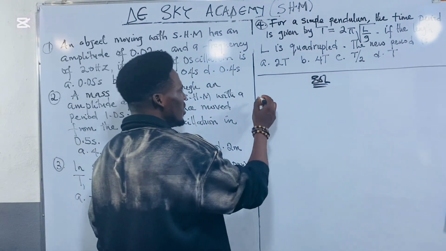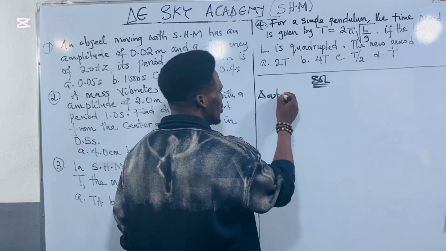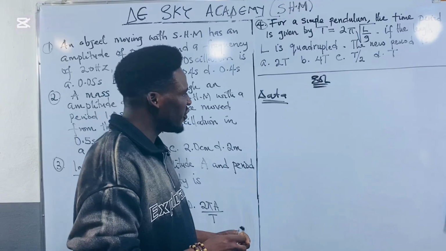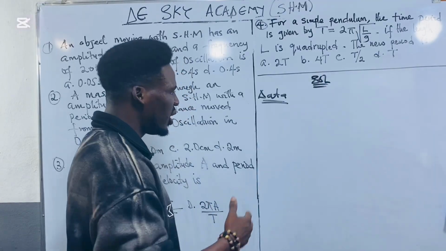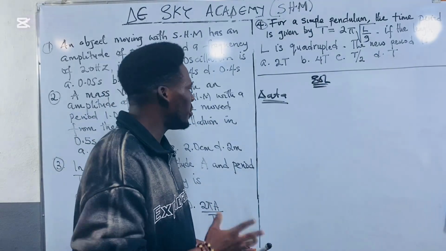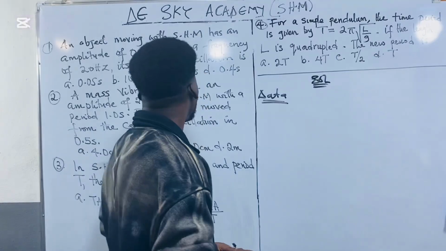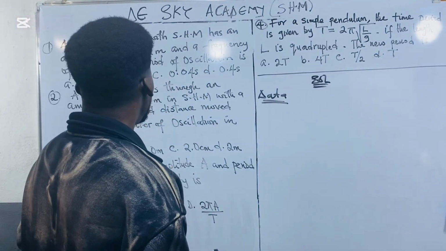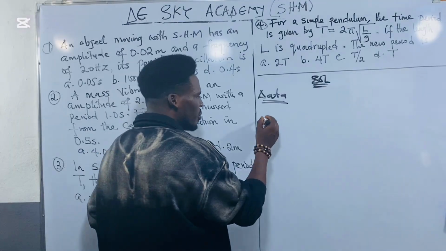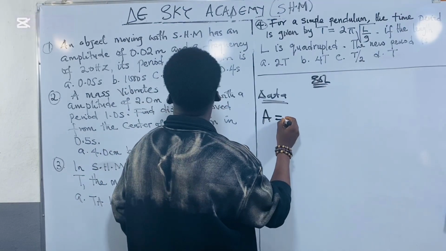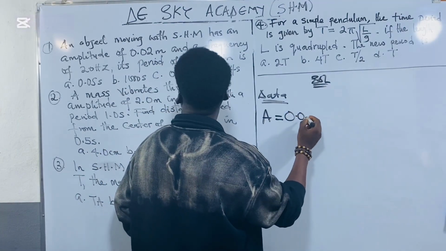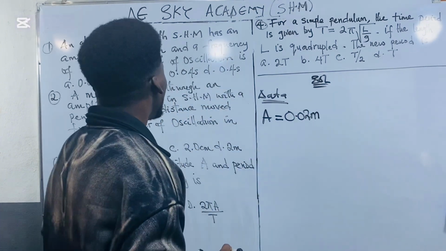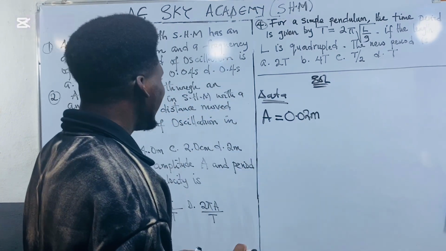So the first thing to do is to bring out your data. Remember, I told you that your data has a way of giving you a lot of information about the formula you apply to solve a particular question in physics. So an object moving with a simple harmonic motion has an amplitude of 0.02 meter, and a frequency of 20 Hz.